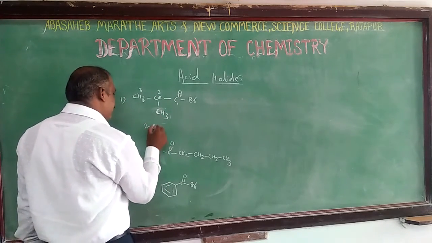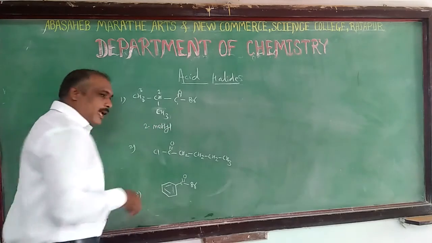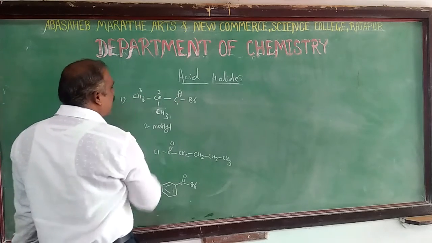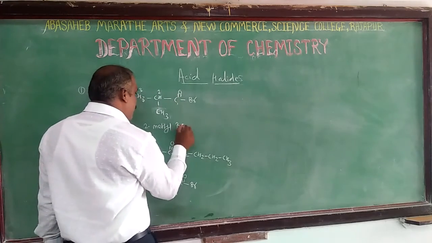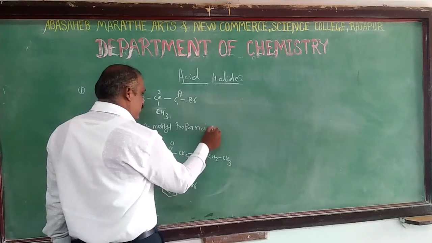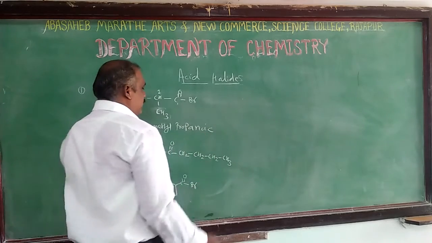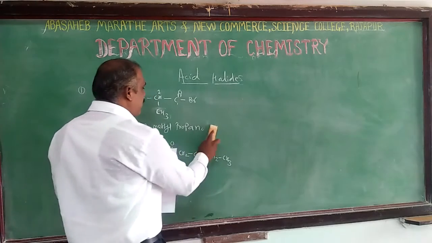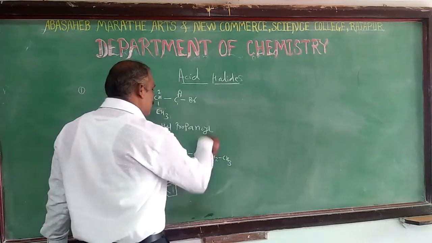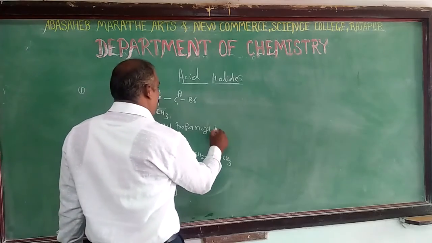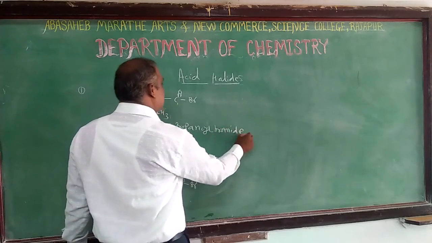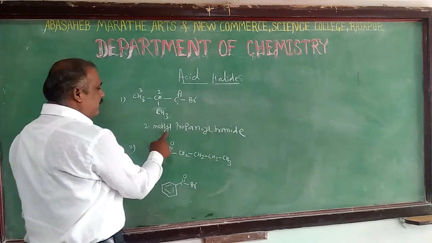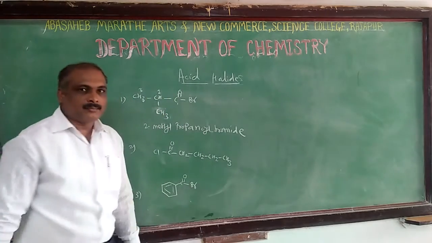So 2-methyl, and then write the name of the parent alkane. How many carbons? 3 carbons. So propanoic, but it is an acid halide, and therefore IC is replaced by YL. So propanoyl bromide. The correct name for this molecule is 2-methylpropanoyl bromide.